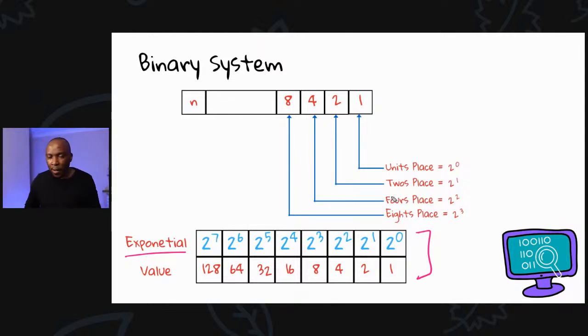What do I mean? 2 to the power 0 is 1, 2 to the power 1 is 2, 2 to the power 2 is 4, which is 2 times 2, 2 to the power 3 is 8, which is 2 times 2 times 2. So you go 2, 4, 8, 16, 32, 64, 128, 256, 512, 1024, 2048, 4096, 8192, 16,000 something.